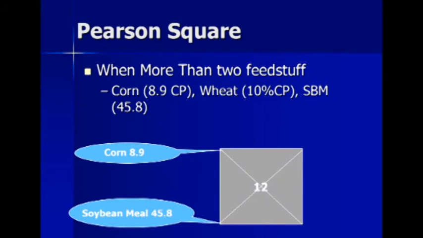So when we go for more than two feedstuffs, then definitely we will have to do more calculations. When we have more than two feedstuffs, like in this example, we have corn, we have wheat, and we have soybean meal. Here is the amount of protein: 8.9, 10, and 45.8.